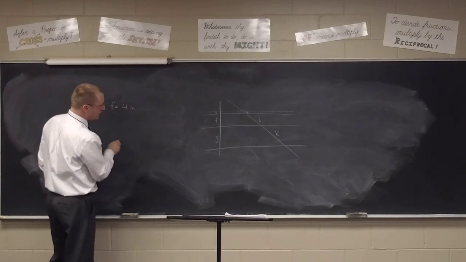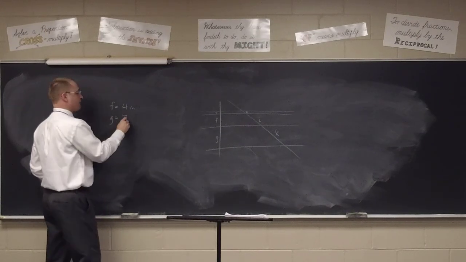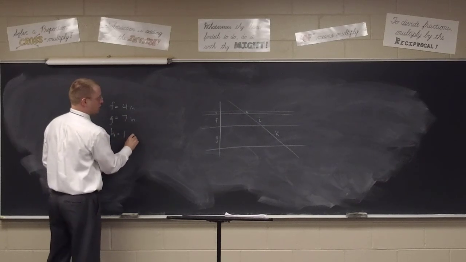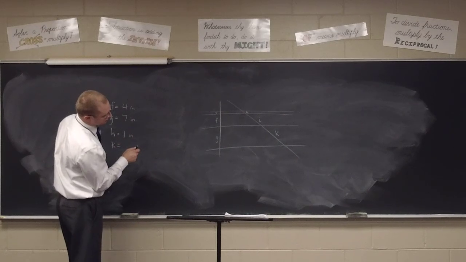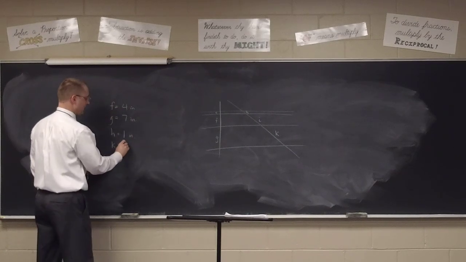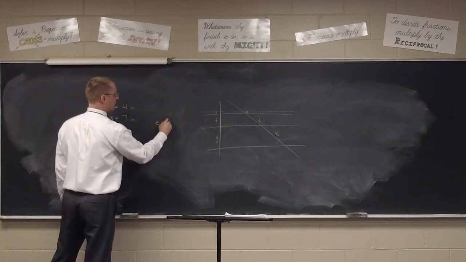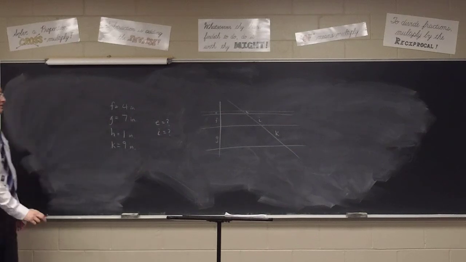And suppose we said G was 7 inches. Suppose we knew that H was 1 inch. And we knew that K was, I don't know, looks like 9 inches. And I want you to find E and I. So find the vowels given the consonants.